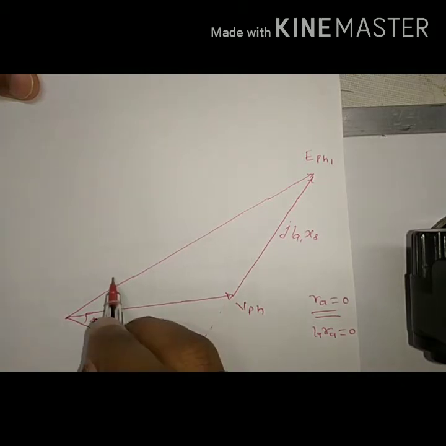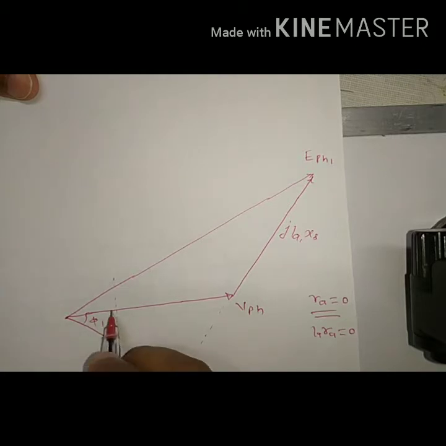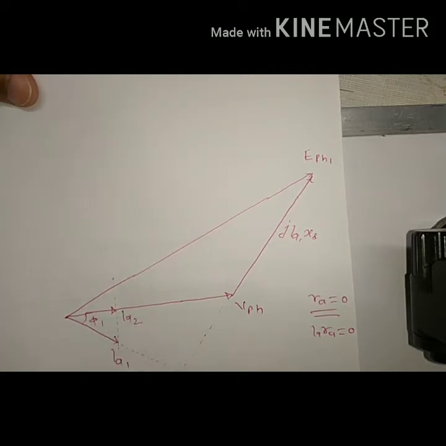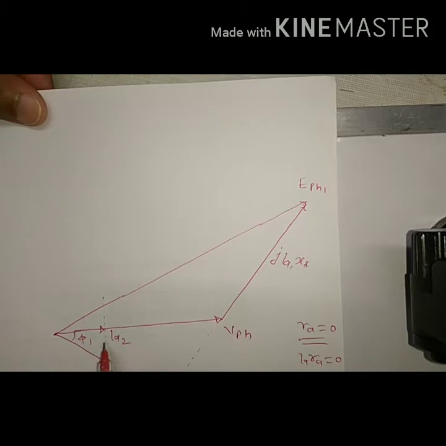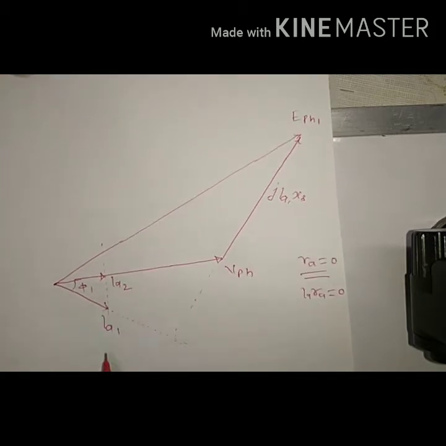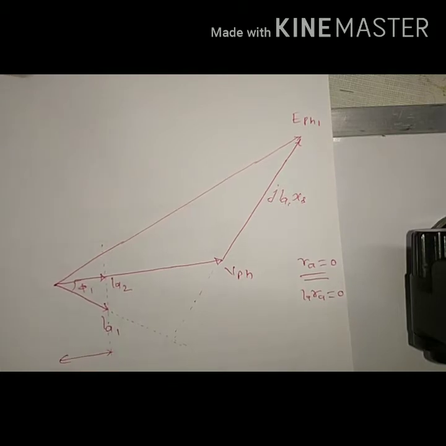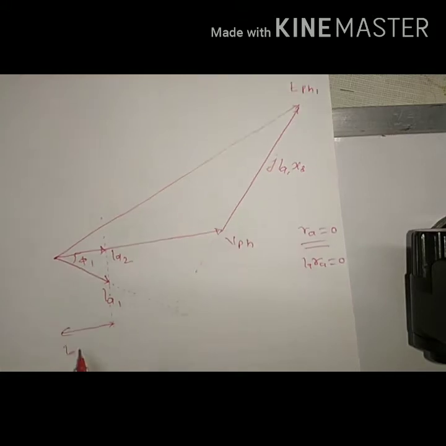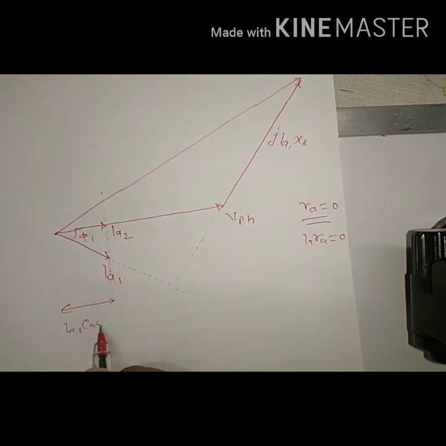So if load is constant and if I am taking this phasor for unity power factor, the current is I_A2 here. So I_A2 and I_A1 cos phi 1 will be equal, to maintain power constant.